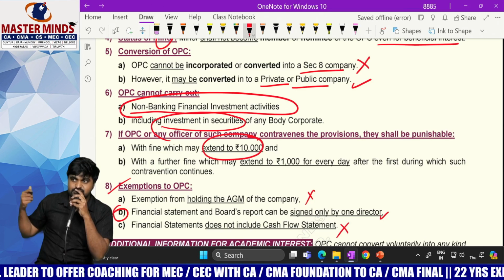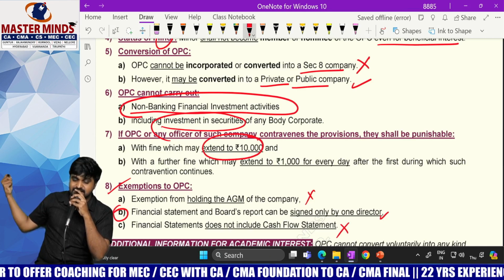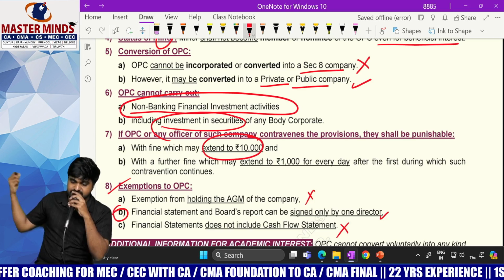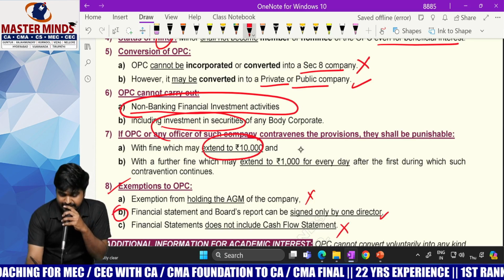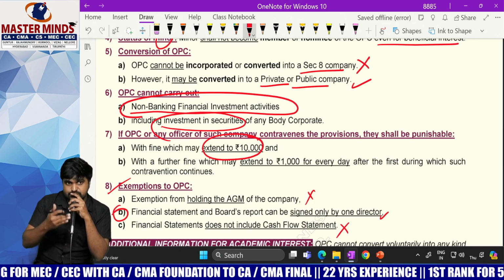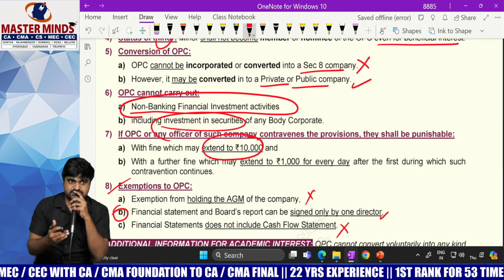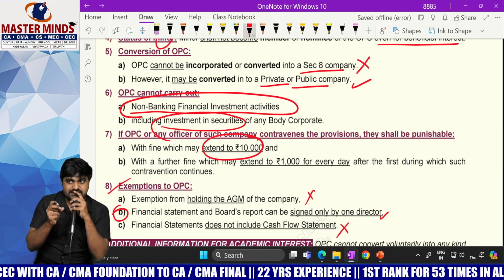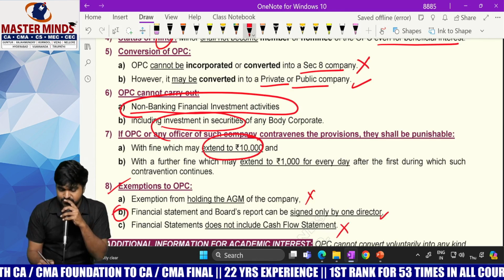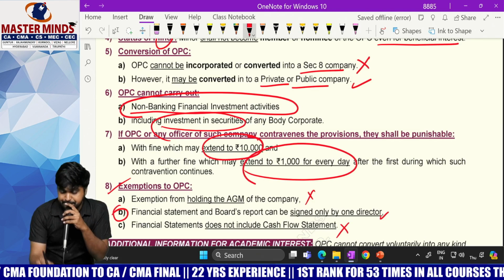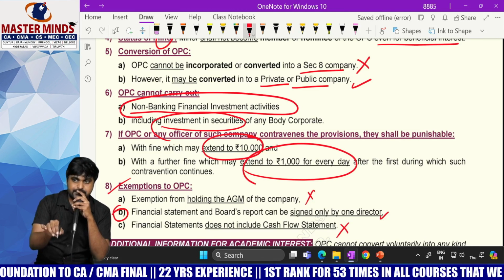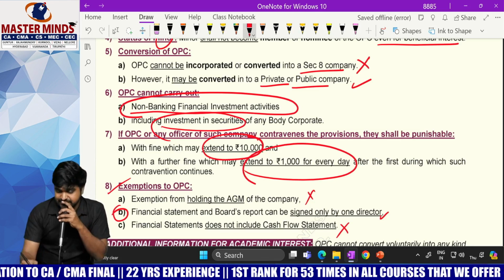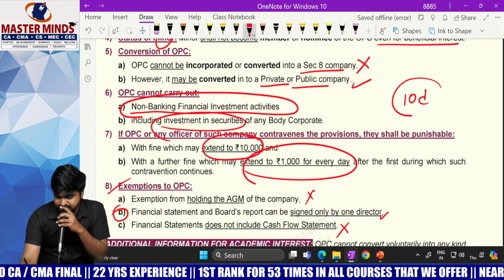So what is the wording we need to use here? It is up to 10,000. That is extend to 10,000. And if you continue the default without rectifying it, then your penalty will get increased. Okay. Then what is the increased penalty now? Up to 1,000 per day. Say for example, if you delayed for 10 days. Now what is the punishment?